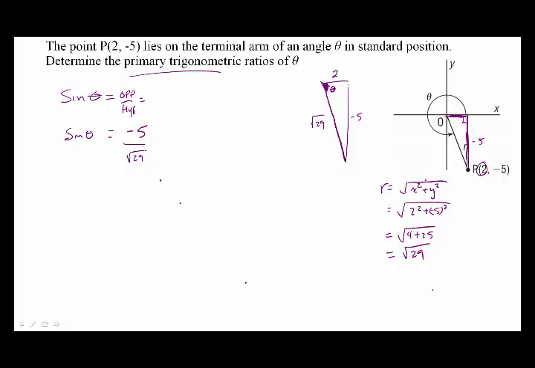Are we done? No, why not? That's right. Now, I'll tell you, the book is going to actually leave the root in the bottom for an awful lot of these. Don't. It's easy enough to fix. Multiply both by root 29, the answer is minus 5 root 29 over 29.